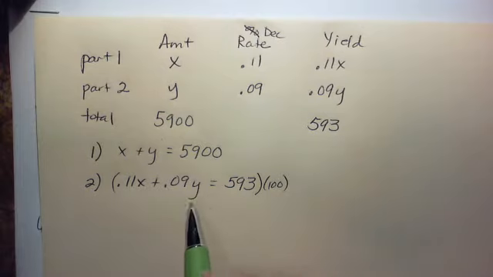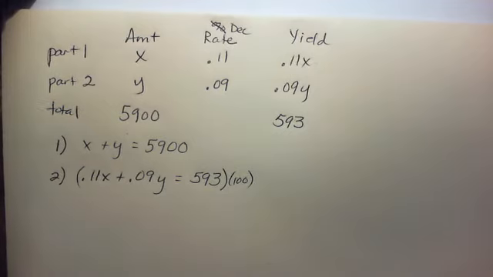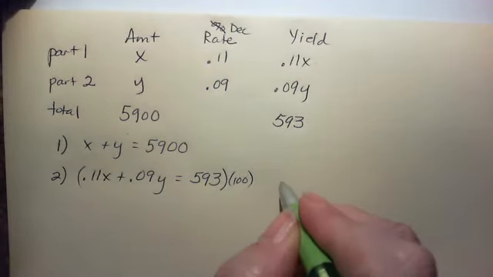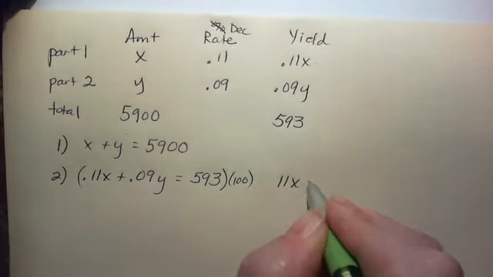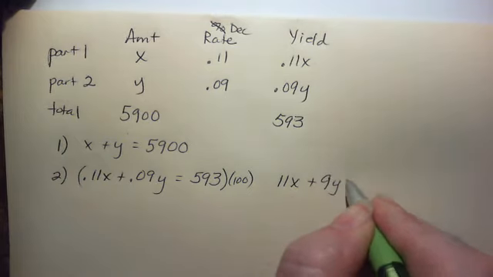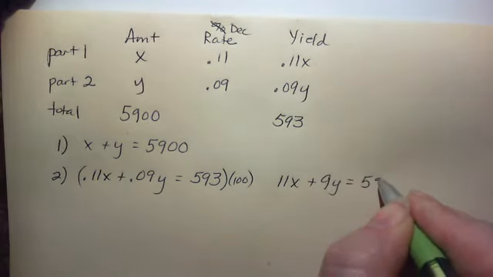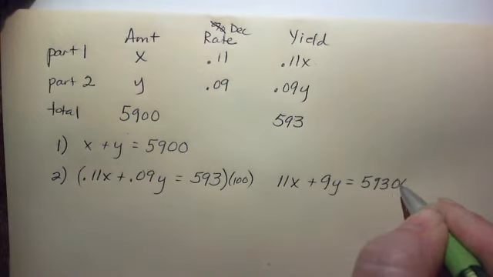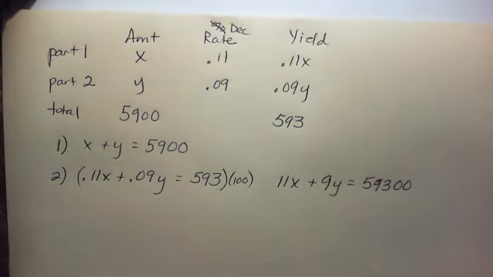If we multiply through by 100, that should clear the decimals. So let's rewrite equation 2 here. Multiplied through by 100 gives us 11x plus 9y is equal to 59,300. We multiply this by 100.